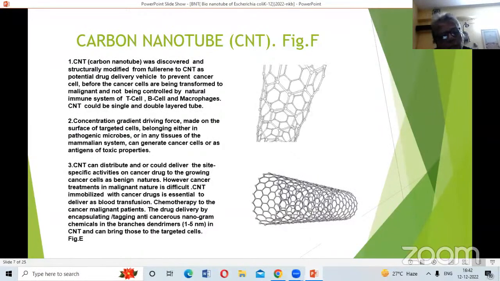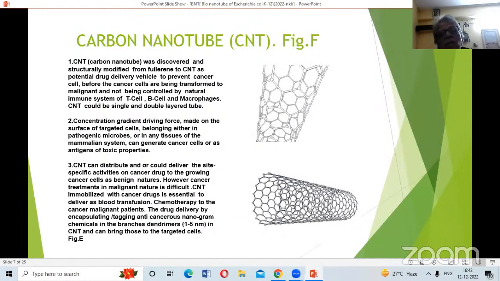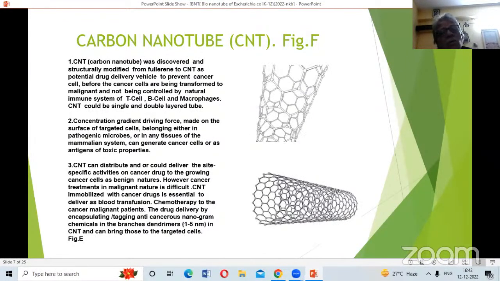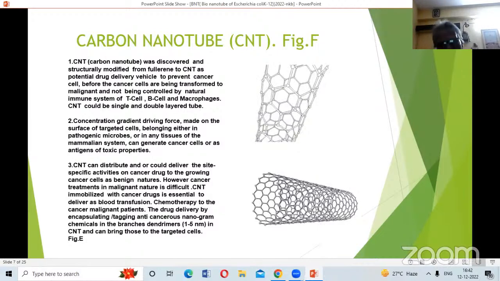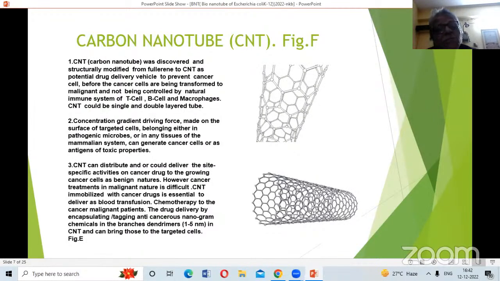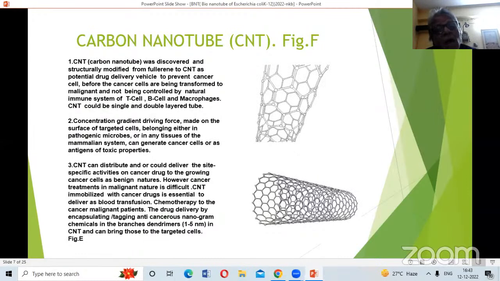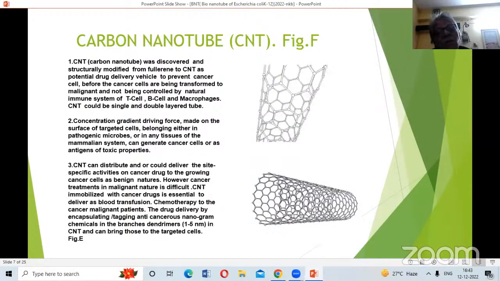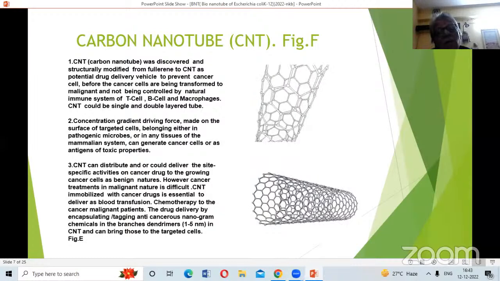So CNT has proved in the last 20 years that carbon nanotube has been utilized in chemotherapy, but the side effect of these nanotechnology was not possible to avoid by that natural chemical reaction and the processing.